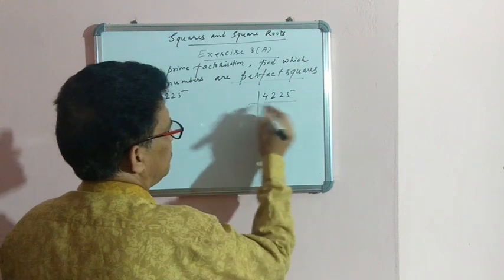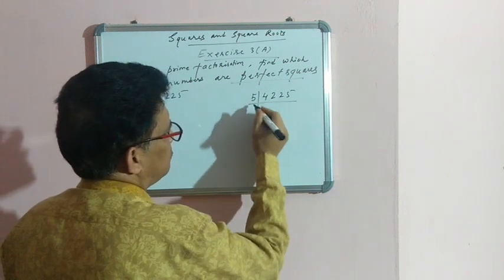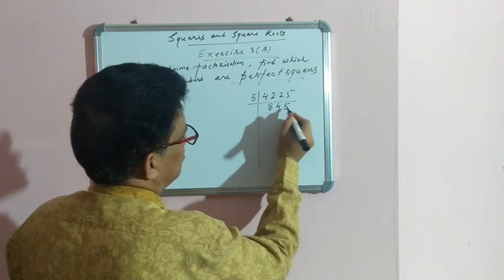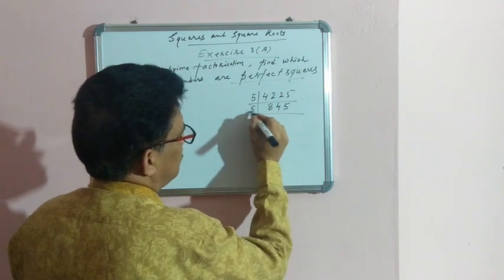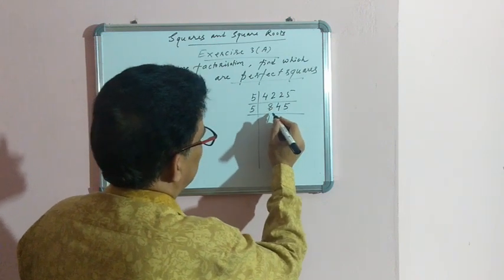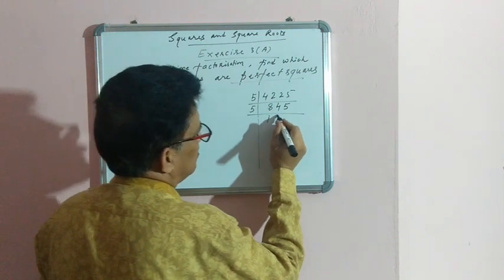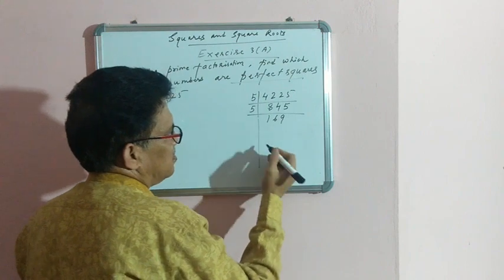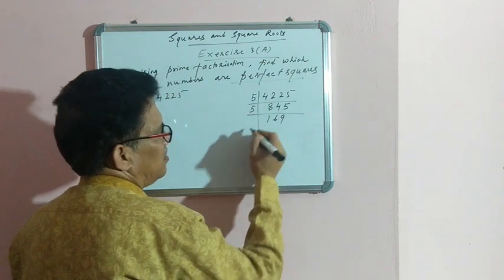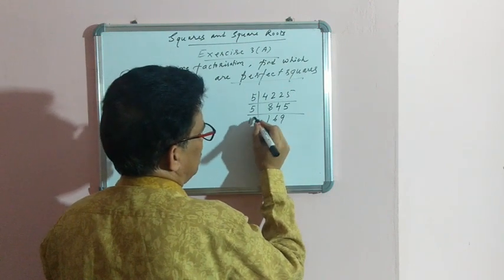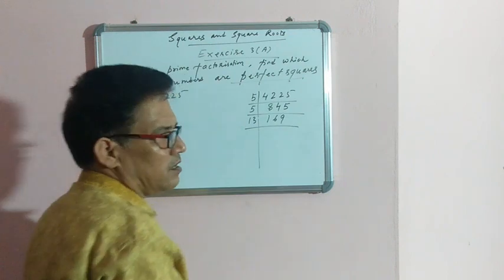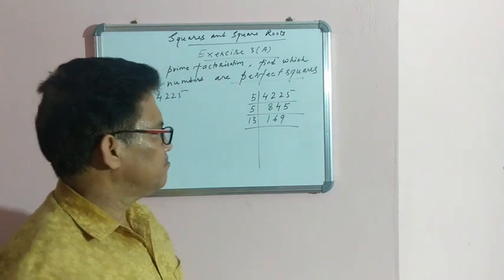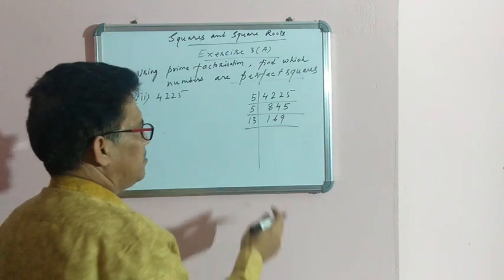Now we come to 5, and again by 5. Now 169 is the square of 13. For this exercise you must learn squares up to 30. That will be required everywhere.